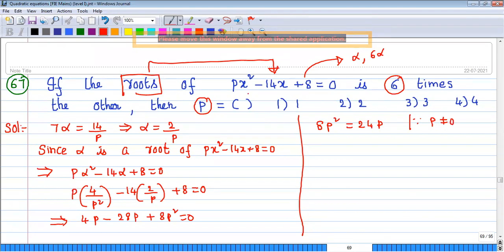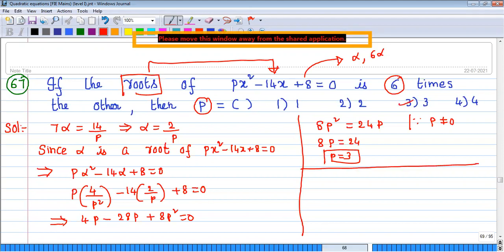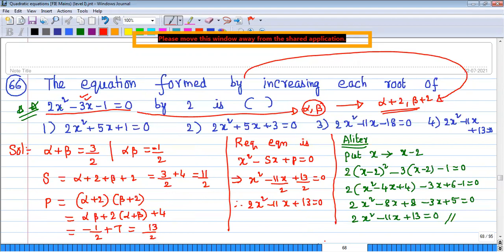If p is equal to 0, it is not a quadratic equation. Since p does not equal to 0, divide both sides by p. You get 8p is equal to 24. Obviously, p is equal to 3. So the answer is this one. I'll explain the shortcut, don't worry. I'll come back later.